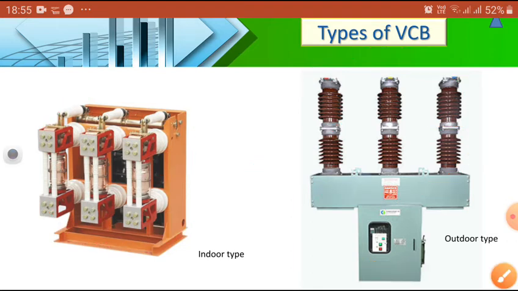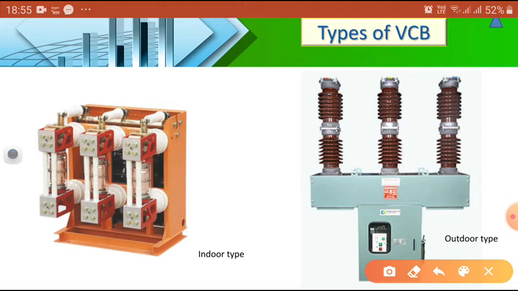Now, you can see the salient points. In a vacuum circuit breaker, a vacuum of the order of 10 to the power of -5 to 10 to the power of -7 torr is used as the arc quenching medium. Already we know that. So, very low, 10 to the power of -5 to 10 to the power of -7 torr.